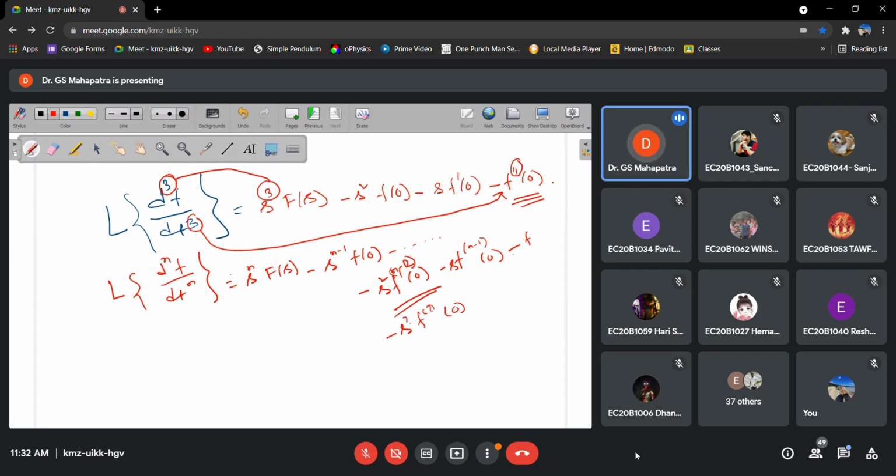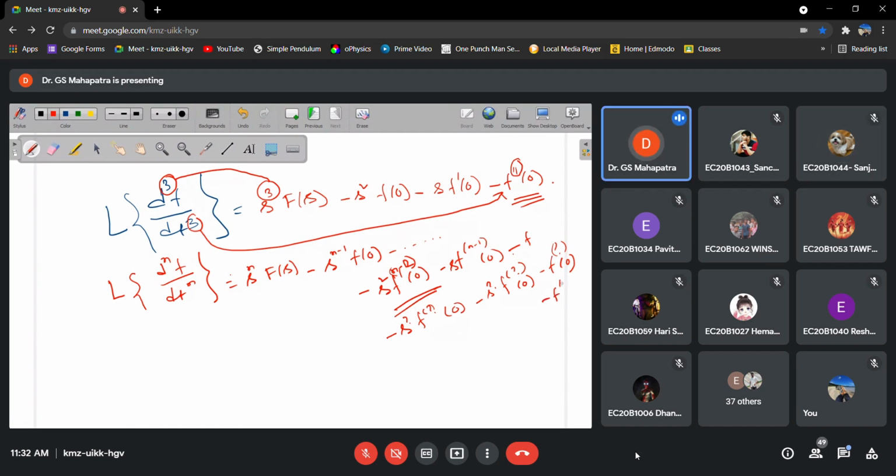This part and this part. Minus s into f of, again a part is missing. This power and this power. This one. Minus f of this one, question mark. Now 0. Tell me, last term question mark is n minus 1, sir.